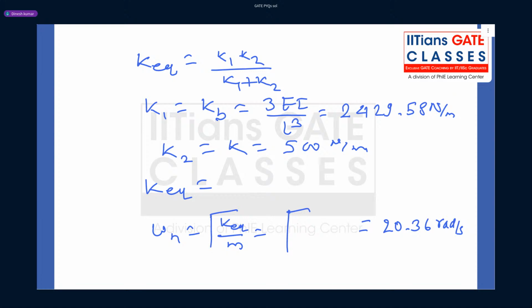Now anybody tell what is the K equivalent? Swastik? It is 2429.58 into 500 upon 2429.58 plus 500. So how much is K equivalent?